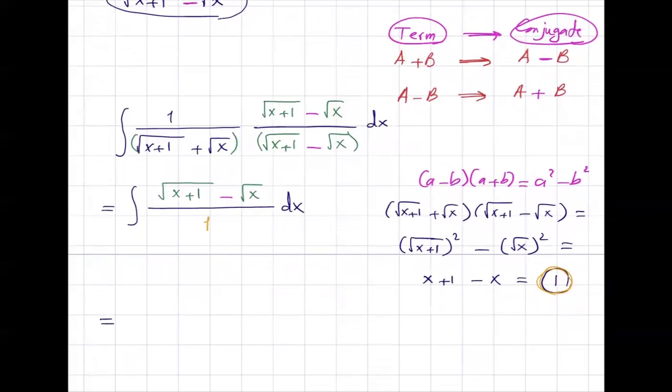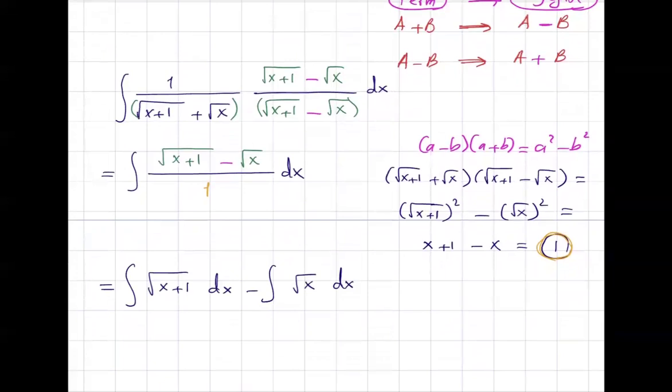So this guy can be written as the integral of square root of x plus 1 dx minus the integral of square root of x dx. But remember that if you have the integral of u to power n du, this is u to power n plus 1 over n plus 1 plus c.